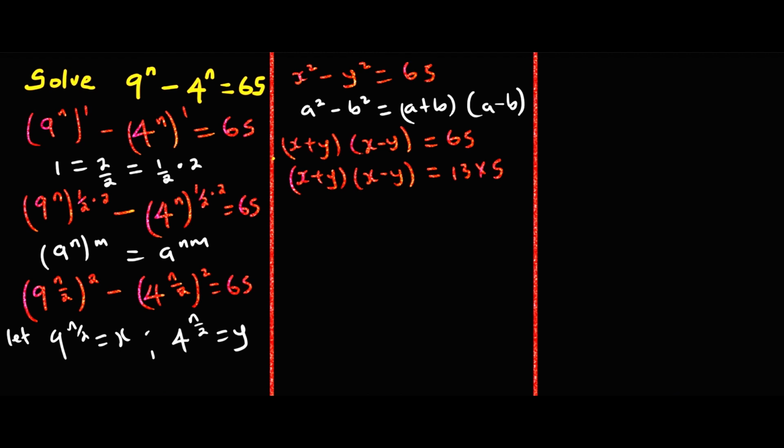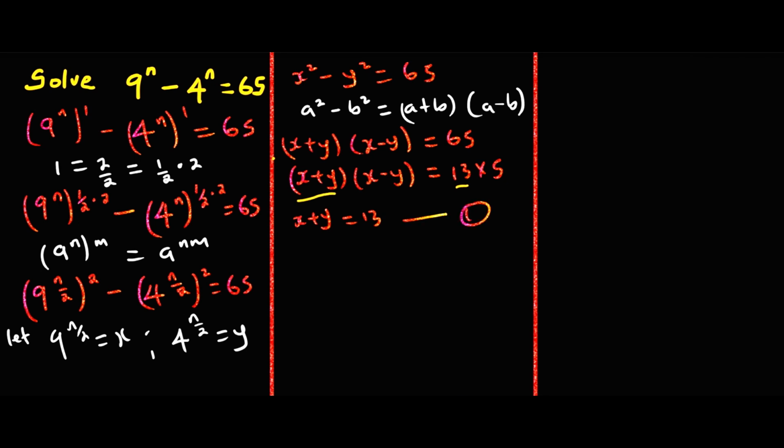So it means we can equate corresponding terms in that product. So you can say the first entry, that is x plus y, is equal to the first entry on the right hand side, so that we have x plus y being equal to 13, and we call that equation 1.